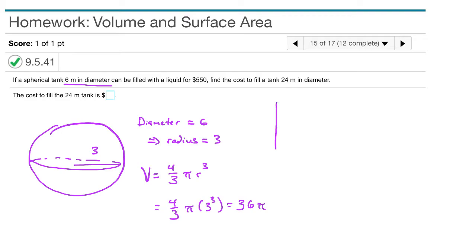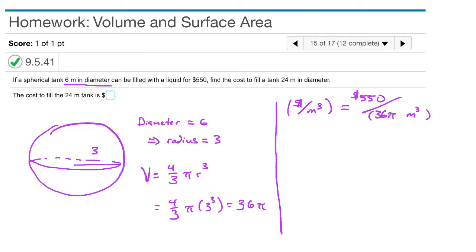Now from there, what we're going to do is really to find the cost per cubic meter. Okay, so this is going to give us kind of a unit cost for the liquid that we're actually filling this tank with. And so what we're told is that to fill the entire tank costs $550. And we just figured out that the volume of that tank is going to be 36 pi, and the units on that one are going to be meters cubed.